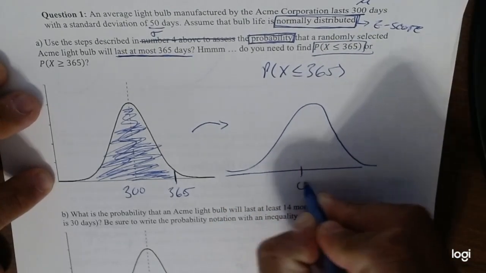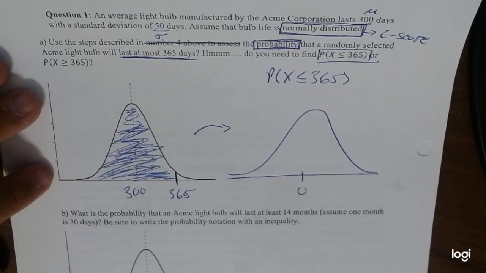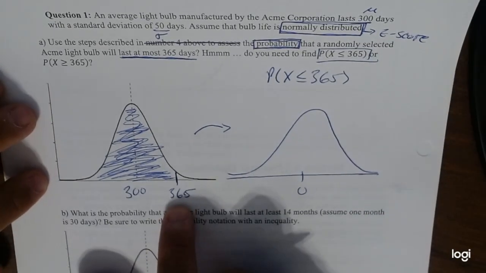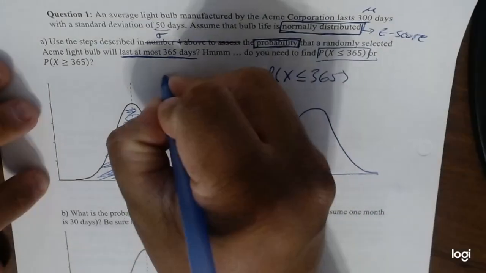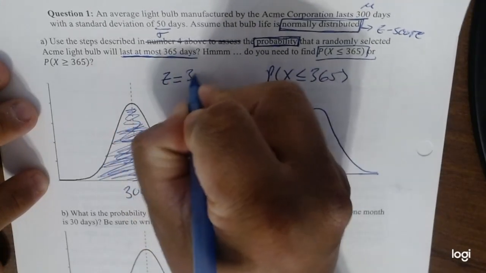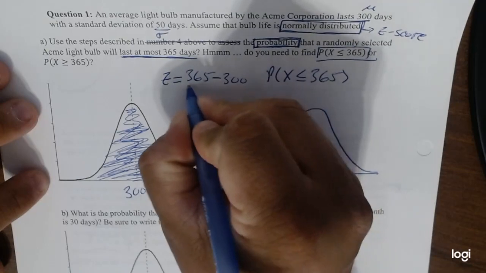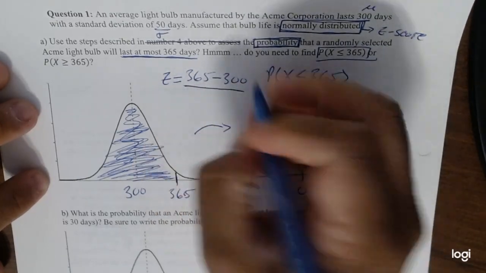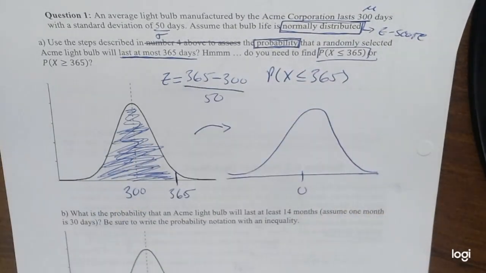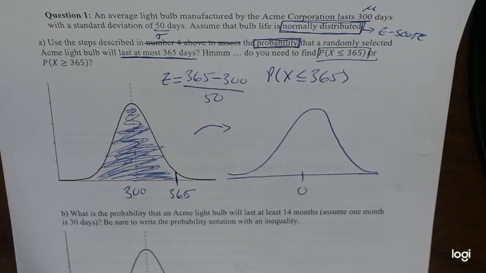Where our mean is 0, now we're going to find the z-score associated with 365. Using this formula, we have the z-score of 365 minus our mean of 300, divided by the standard deviation of 50. So we'll just plug it into the calculator, subtracting on top first.